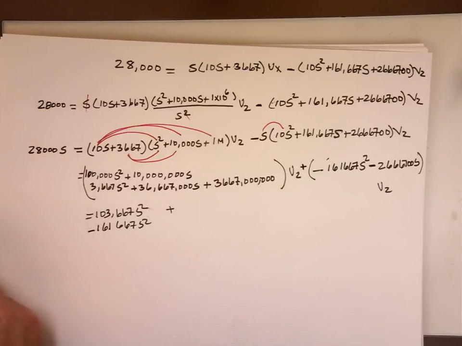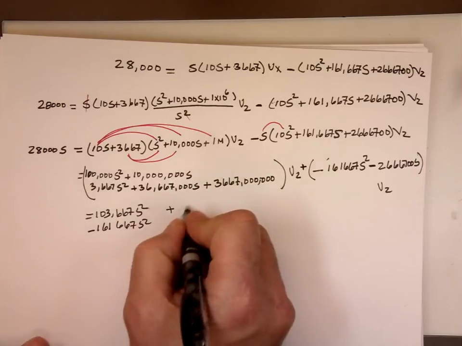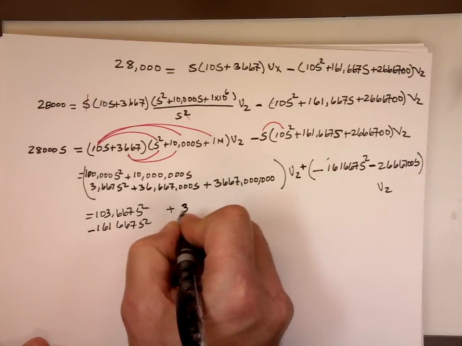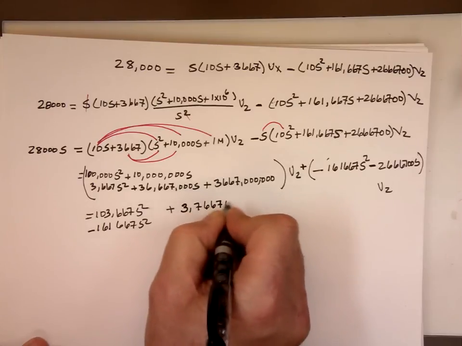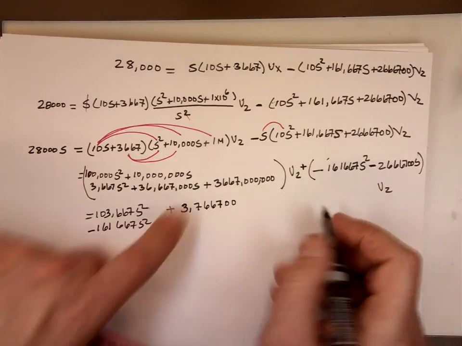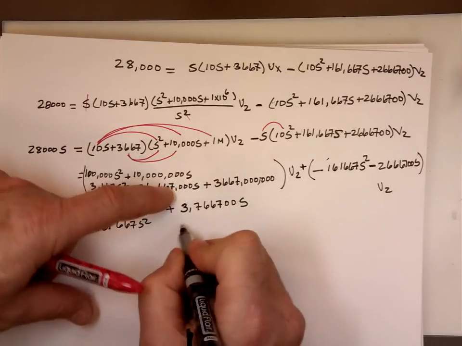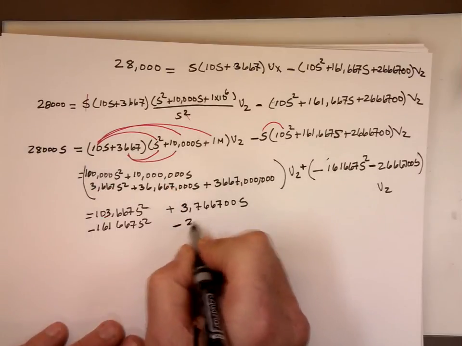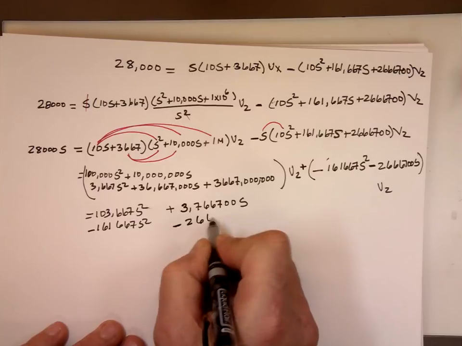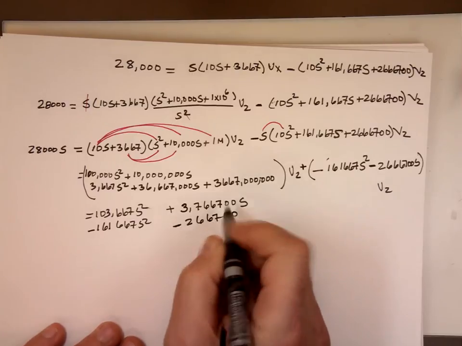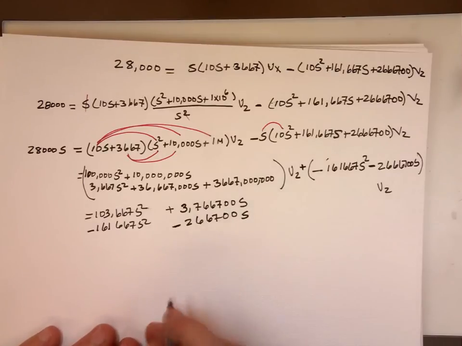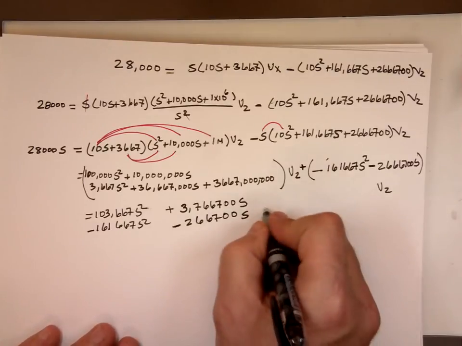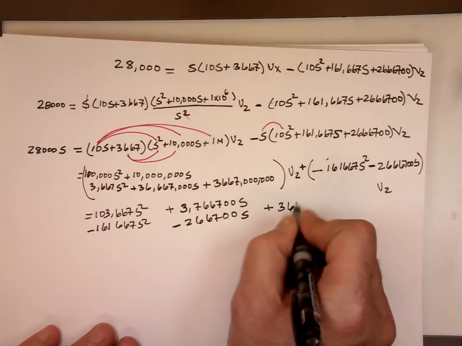That number, 3,766,700 S. I'm gonna have minus under it from the other one. 2,667,000. Oh, wait a minute, the numbers might work out. And the last number is gonna be what? 3,667 millions. V2.